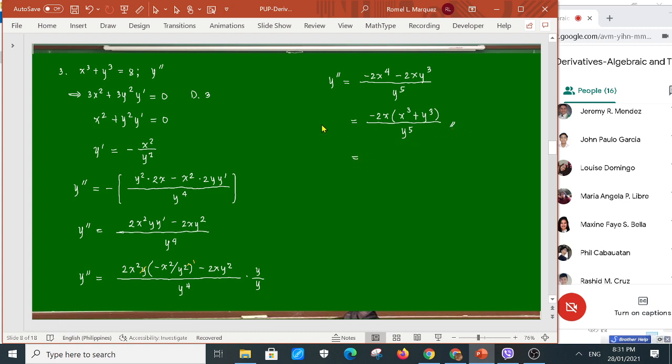Kaya lang pwede pa rin masimplify yan. Halimbawa, multiple choice. Ano yung x cubed plus y cubed from the given? It is 8. Yan. Pwede pa pala siyang masimplify. So, finally, y double prime is equal to negative 16x over y to the fifth. Okay, children? Children of the Philippines.